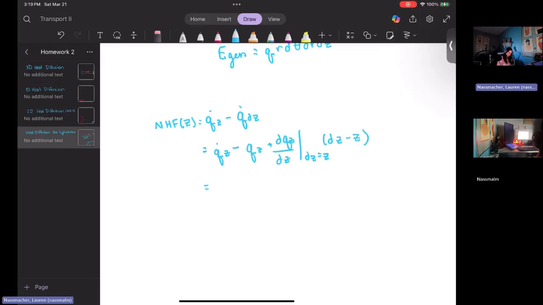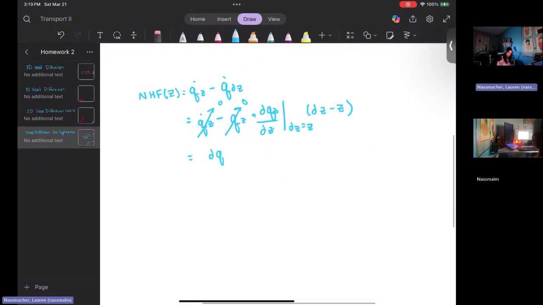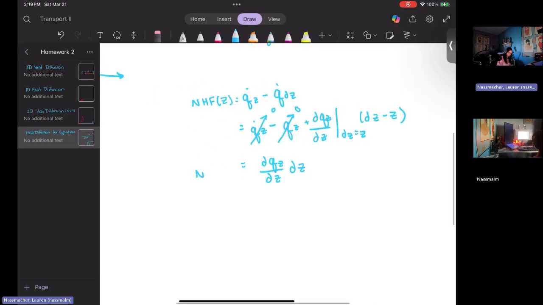To simplify this down, we cancel those two out, that's going to be 0. We get our change in heat flow in the z direction over our change in z, multiplied by our change in z, is our net heat flow in the z direction.